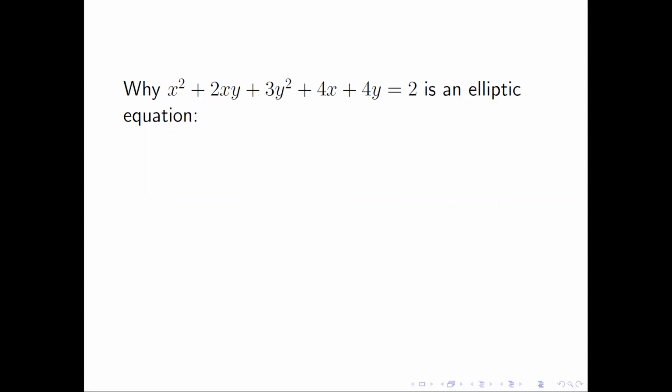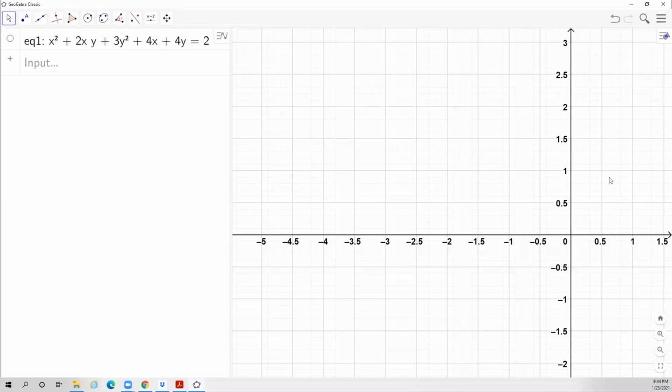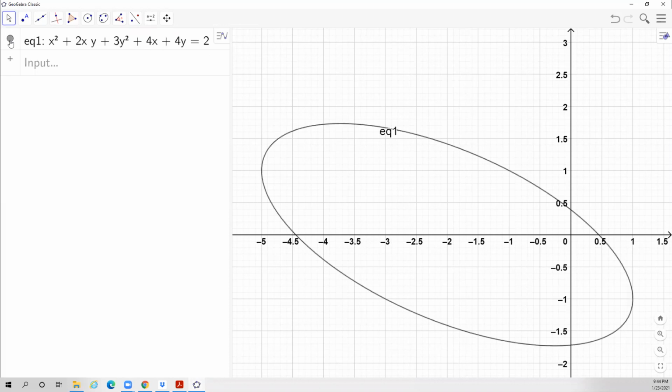Let's take a look at the graph. The equation is x squared plus 2xy plus 3y squared plus 4x plus 4y equals 2. And the graph is like this. We can take a look at this equation.